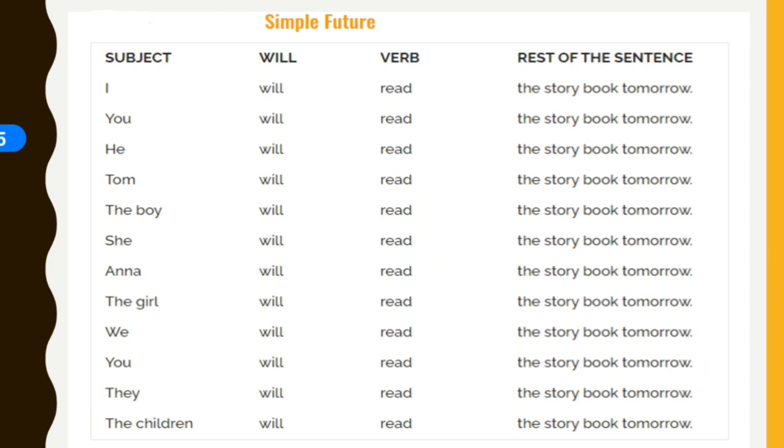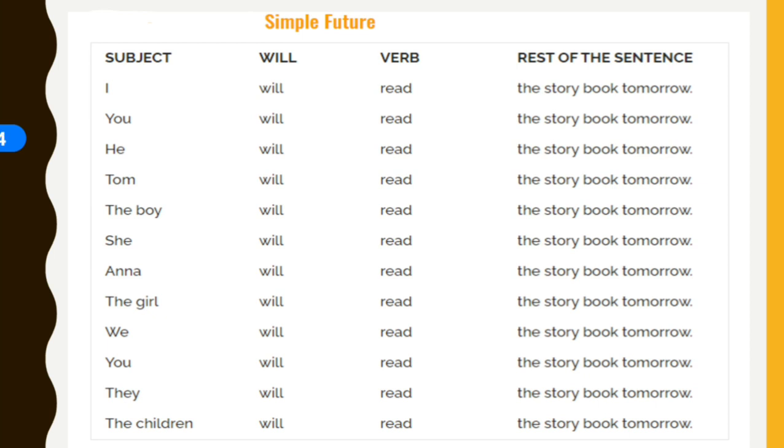Now let's have a look at a few sentences with different subjects. When the subject is I, a sentence in simple future tense would look like: I will read the story book tomorrow. As I had just told you, whatever is the subject of the sentence, it is followed by will, then the first form of the verb, then the rest of the sentence.